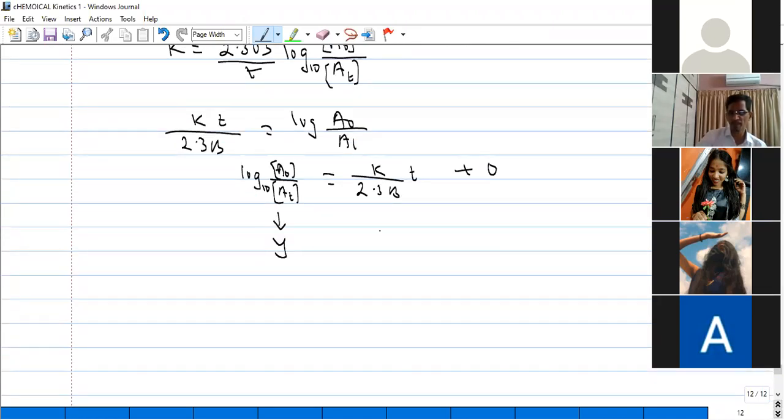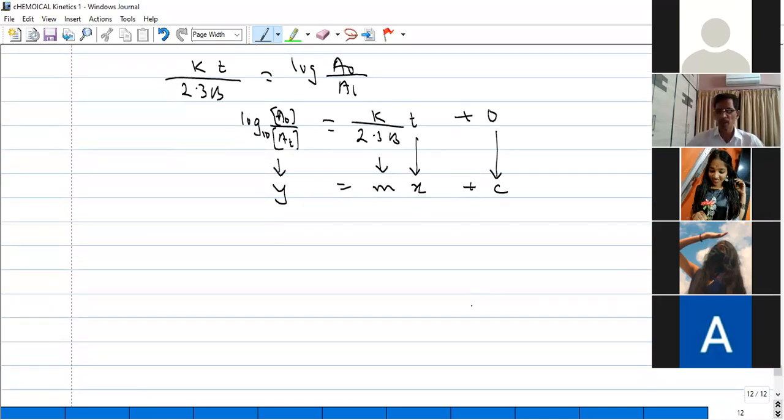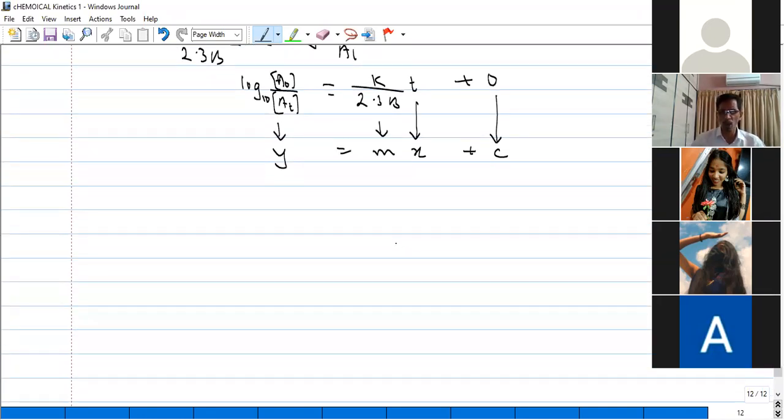This is y, this is m, this is x, this is c. y is equal to mx plus c. If you plot log of A0 upon At on the y-axis, and x is t, the c is 0, that means this line will be passing through the origin.